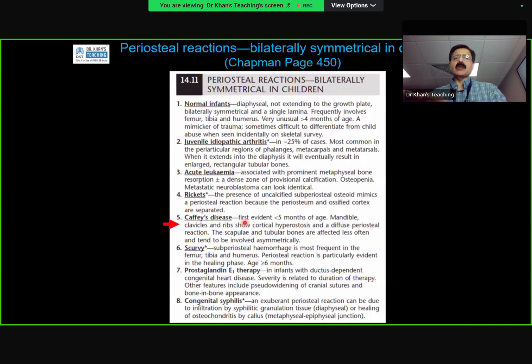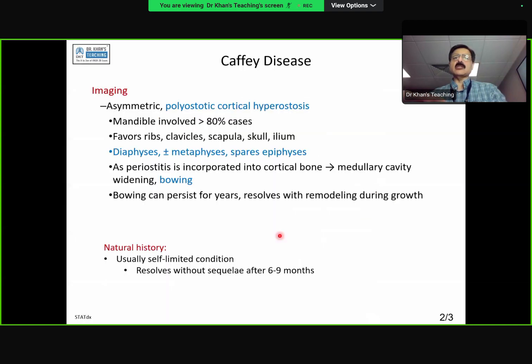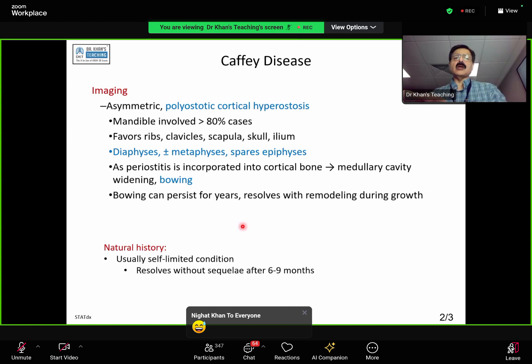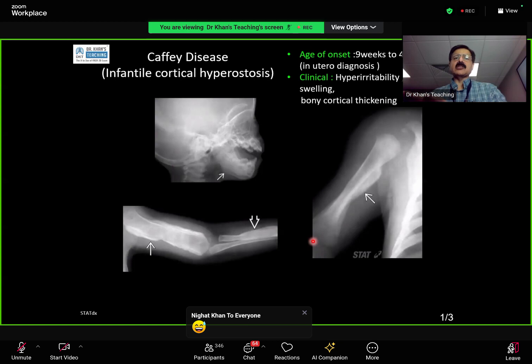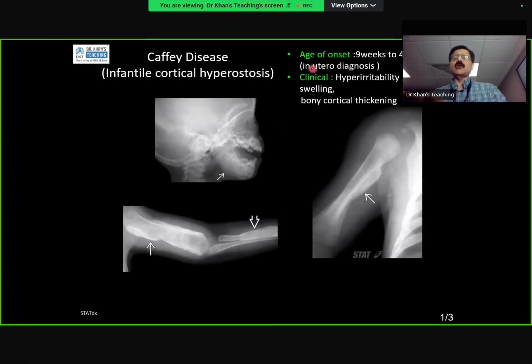Caffey's disease: mandible, clavicle, scapula show diffuse periosteal reaction. So the key thing is we have already covered it. I told you it can be self-limiting, etc. Age of 9 weeks to 4 months. Here you are in utero diagnosis.